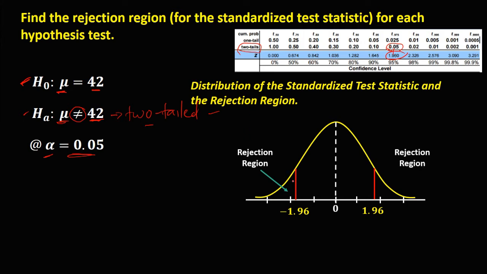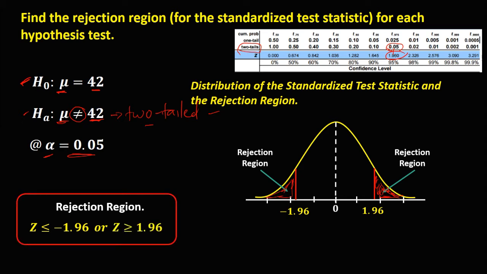So all numbers to the left of negative 1.96 and all numbers to the right of positive 1.96. So the rejection region now, z is less than or equal to negative 1.96 or z is greater than or equal to 1.96.